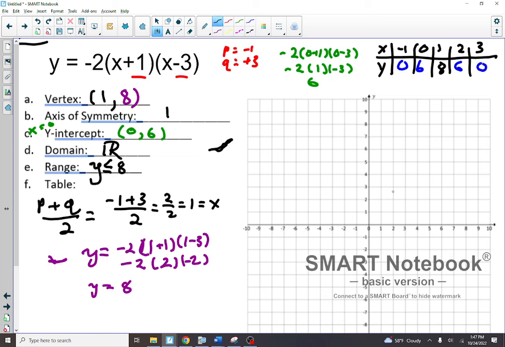So then 1, 8, 0, 6, 2, 6, -1, 0, 4, 0, or 3, 0, my bad. Horrible looking parabola, but it works just fine.